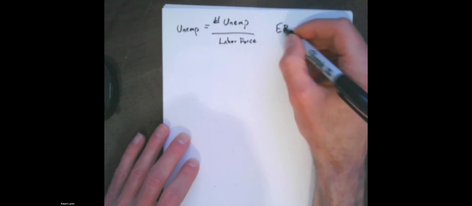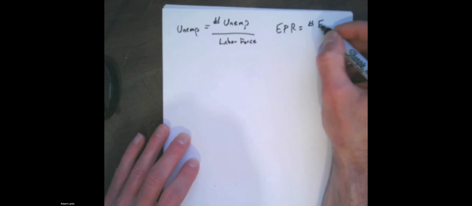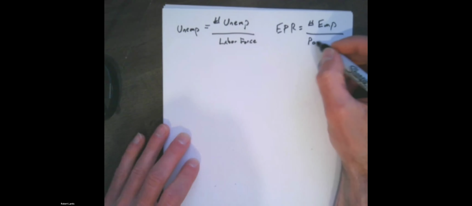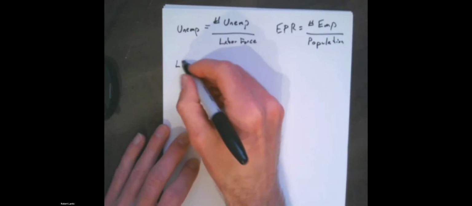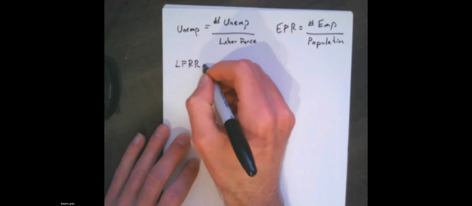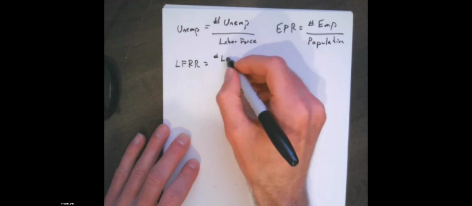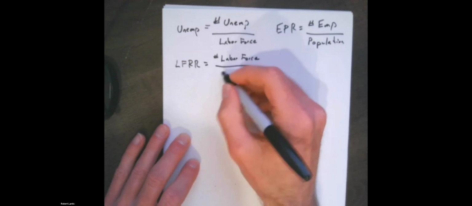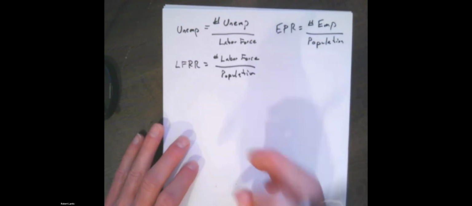My employment population ratio was the number of people who were employed over my population. And then my labor force participation rate was the number of people in my labor force divided by my population. Okay.